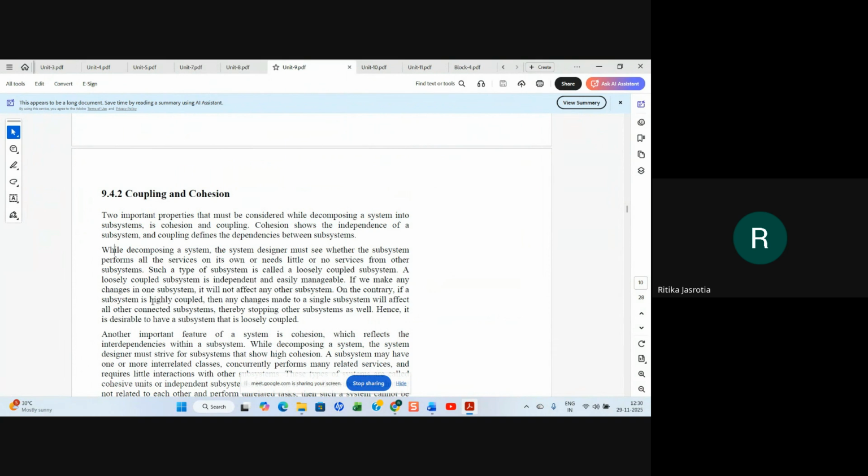On the contrary, if a system is highly coupled, then any change made to a single subsystem will affect all other connected subsystems. So coupling should be loose and cohesion should be more. Cohesion is independence of subsystem, and coupling is dependencies between subsystems.